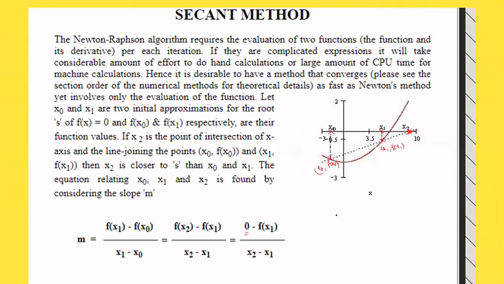In this equation we are considering (f(x1) minus f(x0)) by (x1 minus x0) is equal to minus f(x1) by (x2 minus x1).